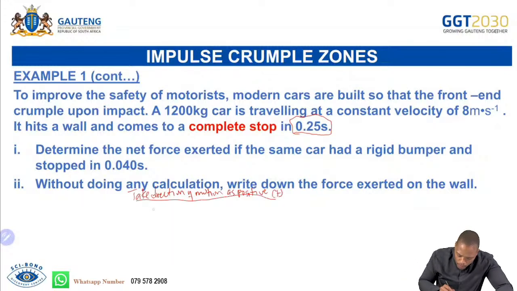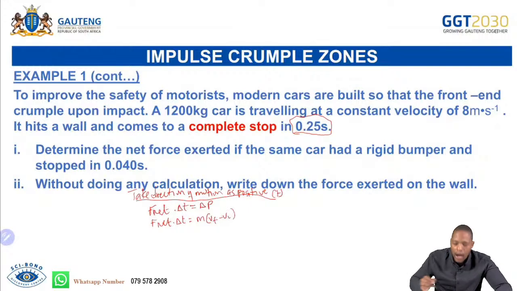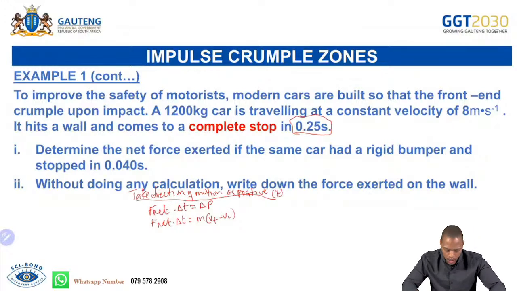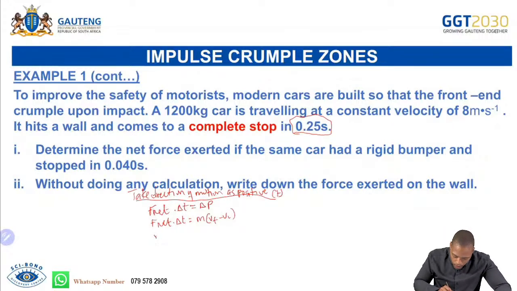So we're going to write our formula. F net delta t is equal to delta p, the impulse momentum theory. F net delta t is equal to m times vf minus vi. Simply substitute now. We are looking for the F net, and we do have the time. It has changed, drastically decreased because of the rigid bumper now.